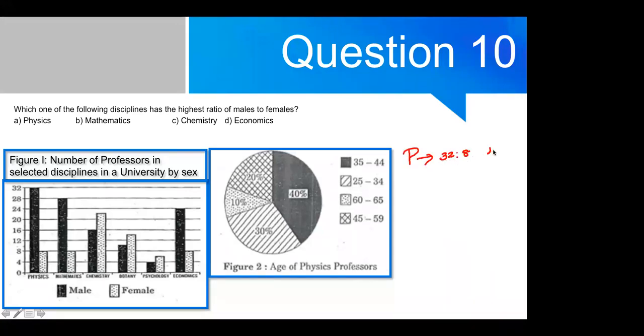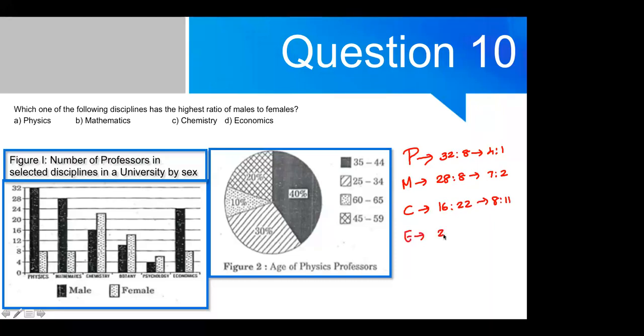Male to female ratio: 4:1 for physics. Mathematics 28:8, 7:2. Chemistry 16:22, 8:11.